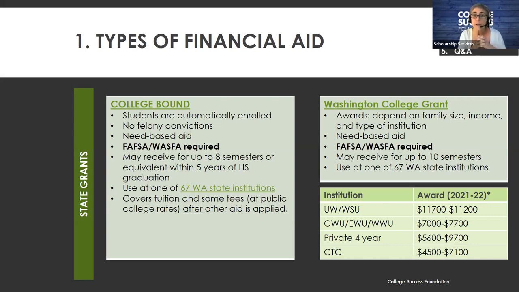Students, again, have to fill out a FAFSA or a WASFA. It's need-based, and students can receive it up to 10 semesters. And you can see in the bottom right of the screen to get an idea of what the awards for the 21-22 years are. So we don't have the amounts yet for next year. We will update this information as it becomes available.